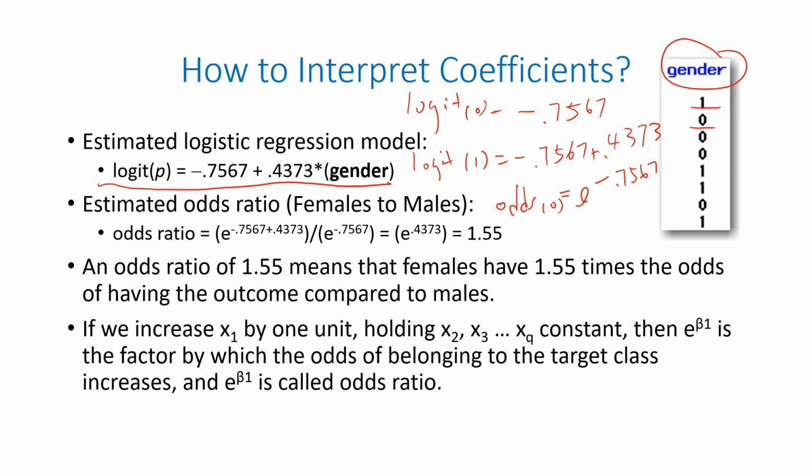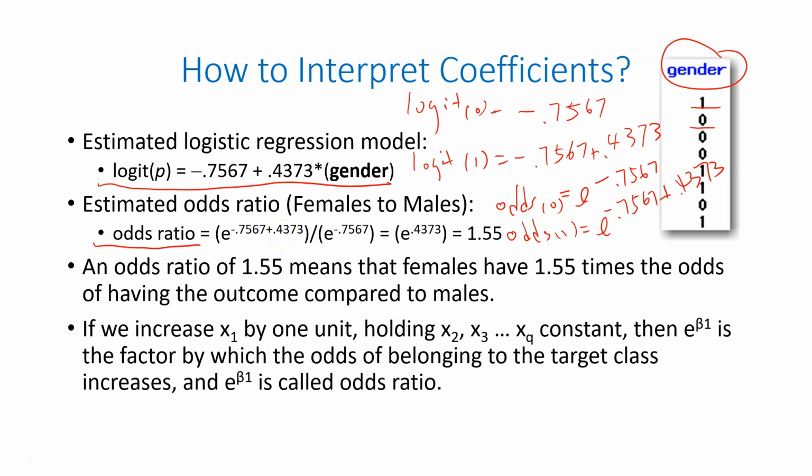And for someone who is female, the odds value is e raised to the power of negative 0.7567 plus 0.4373, right?